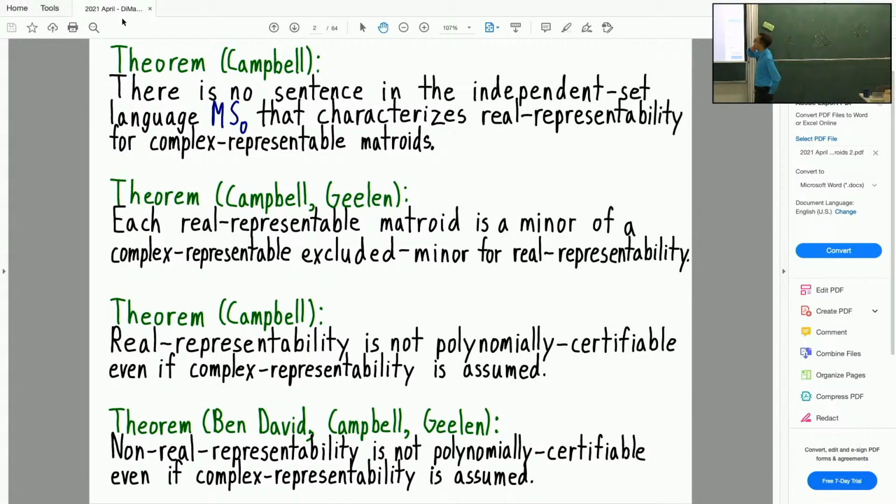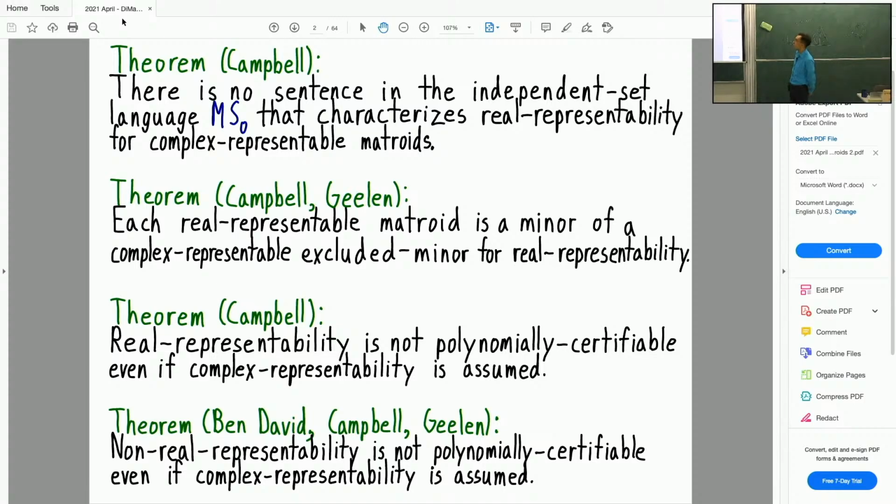I know the excluded minors are difficult. I believe the last three essentially are difficult. For the axiomatic, I would not believe that orientability is, because you have this sort of looking at bipartitions, that's a relation that you can't seem to quantify in monadic second-order logic.